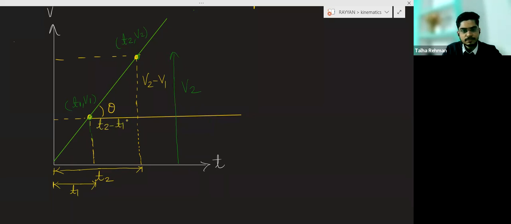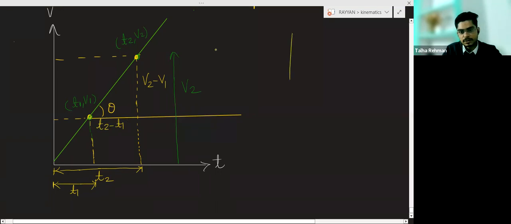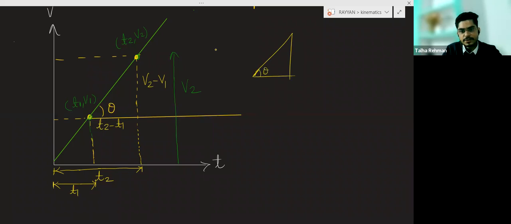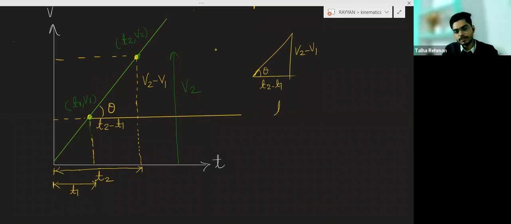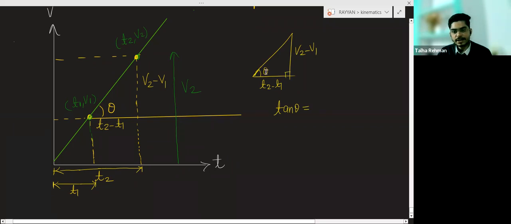Now we have a triangle, and for this triangle, this theta is there, and we have one side of the triangle as v2 minus v1, another side as t2 minus t1. Can we find tan theta from this? This angle is 90 degrees. Tan theta of the triangle is given by perpendicular divided by base.